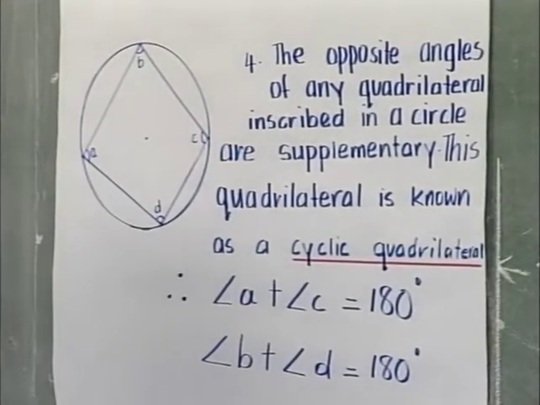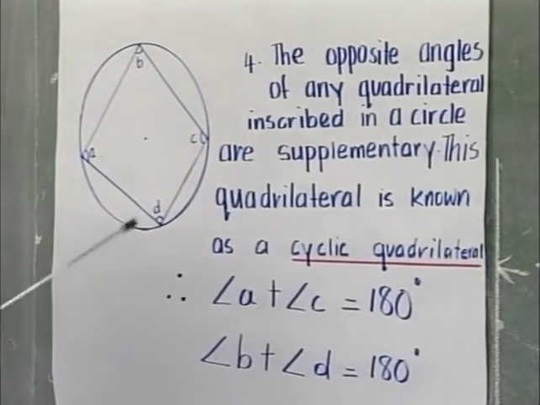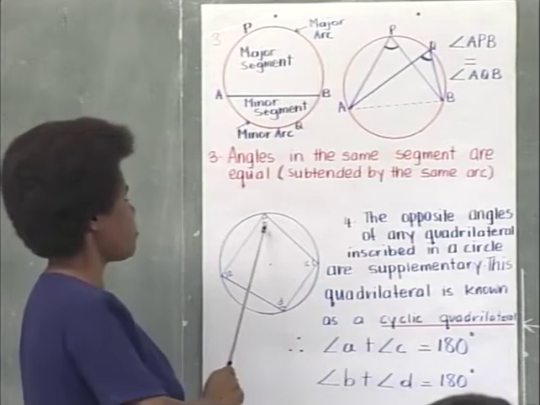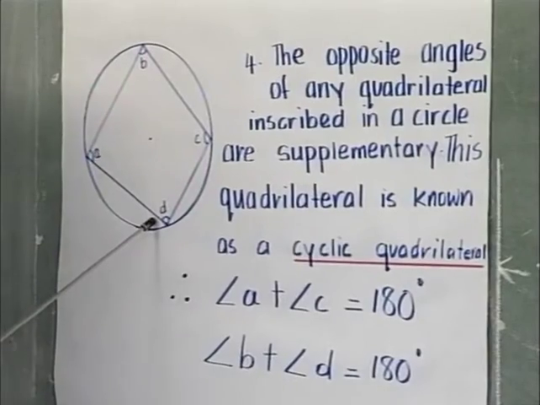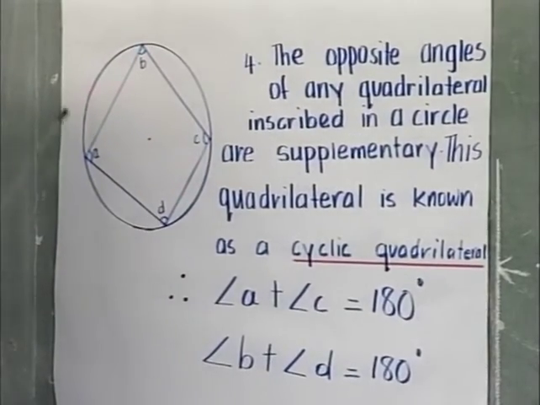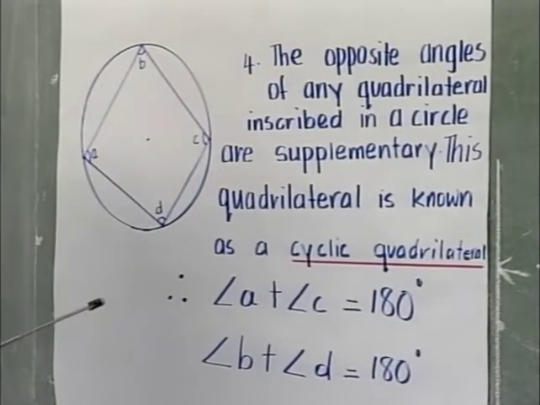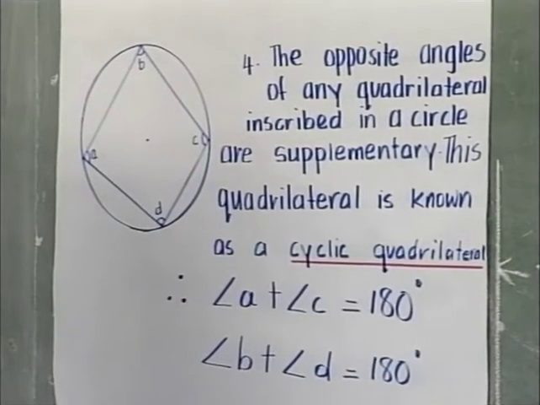What does supplementary mean? They add up to 180 degrees. Yes, good. Okay, that means that B plus D equals 180, and A plus C is also equal to 180. So these are the 4 properties you need to know in order to do the exercise that's there in front of you.